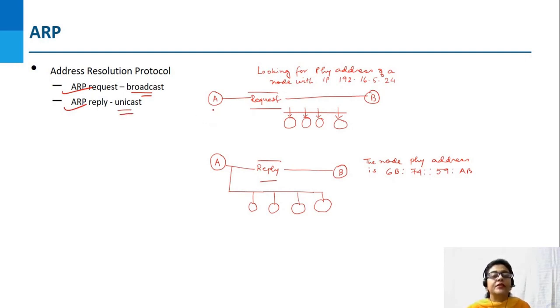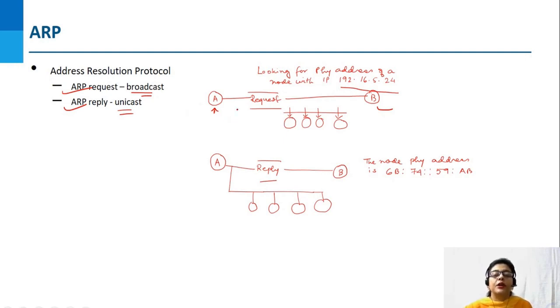Let's say there is a device A on one side of the internet, and it wants to know the physical address of device B, which is connected to the internet on the other side. Now A wants to send messages to B, so it knows the IP address of B. This IP address of B is 192.168.5.24.